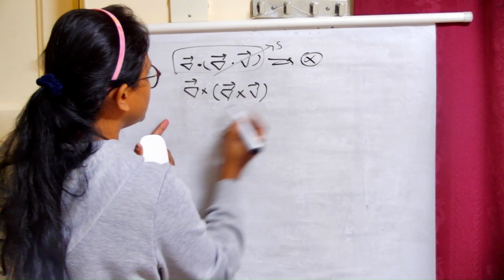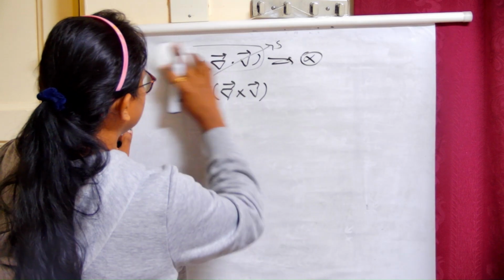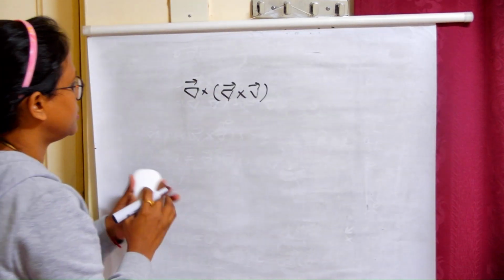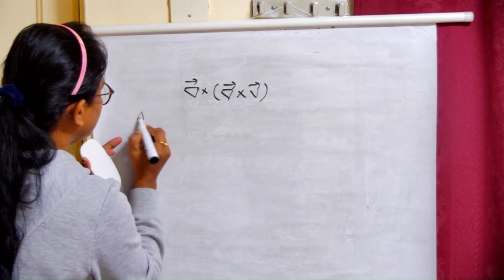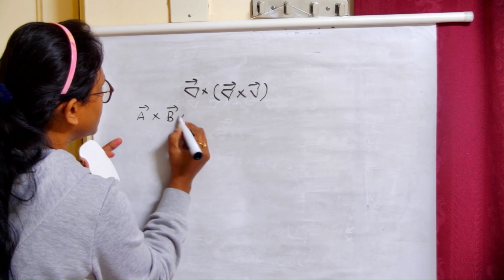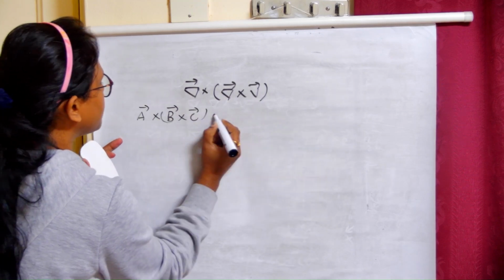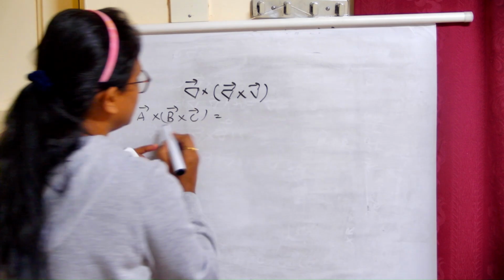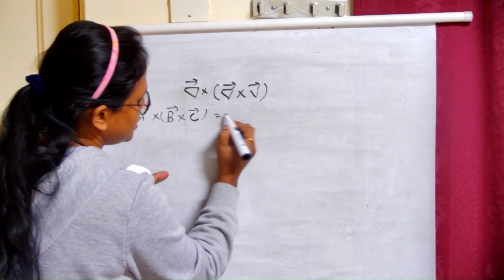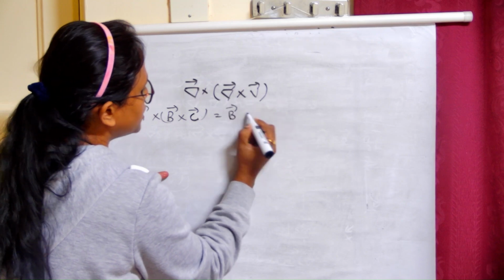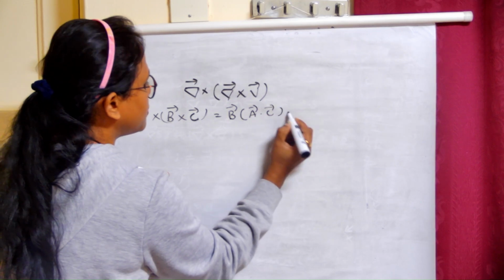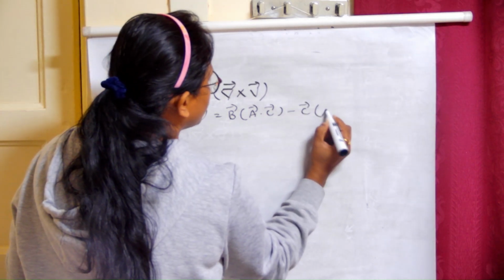And coming to this combination, we can expand this term. This we can take in a form of vector triple product between a bar, b bar and c bar, 3 vectors. We can resolve this one through BAC minus CAB rule, which is nothing but b bar of a bar dot c bar minus c bar of a bar dot b bar.